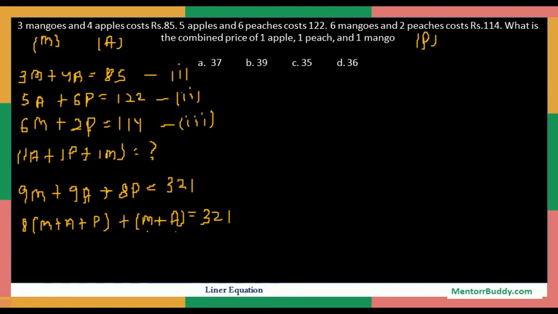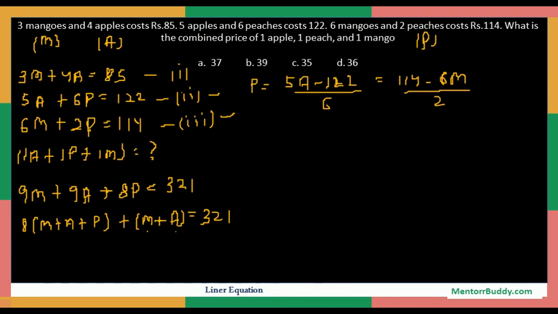Now how am I going to get the value of M and A? From equations 2 and 3, I'm going to equate P, and in equating P we'll get another equation between A and M. The value of P in the second equation will be (122 minus 5A) by 6, and the value of P in the third equation will be (114 minus 6M) by 2, and the value of P is definitely going to be the same in both cases.